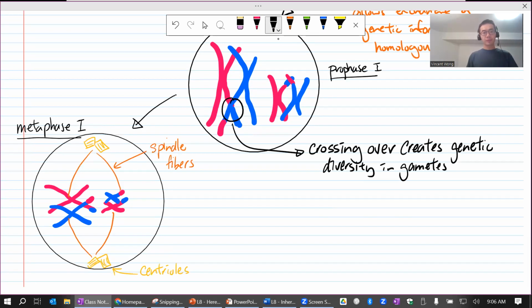So here, the tetrad lines up at the center of the cell. Remember, we are only looking at 2 chromosomes here. In total, there will be 23 tetrads that are doing this, all lining up in the middle.